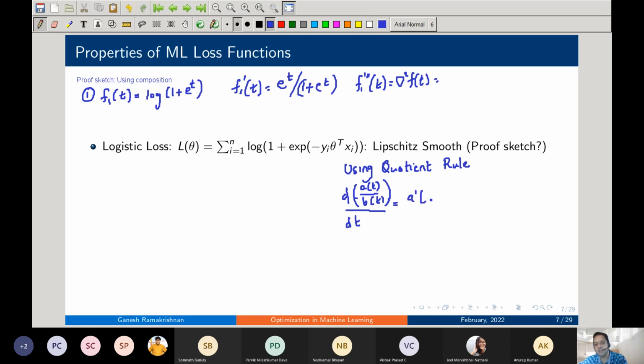It's a'(t) b(t) minus b'(t) a(t), the whole divided by b(t) squared.